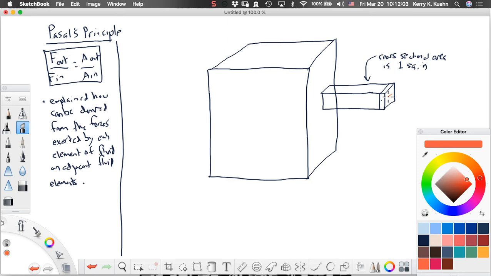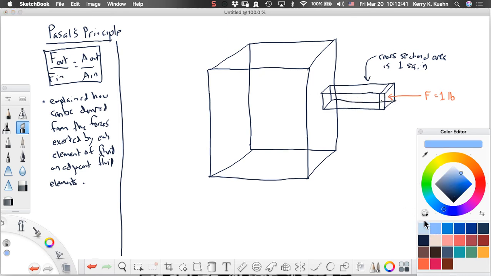So let's suppose we apply a force equal to 1 pound to this piston. Let me draw a line right here. So when we apply this force of 1 pound to the fluid in this chamber using this piston, each little piece of fluid in this chamber feels a force of 1 pound on each side.